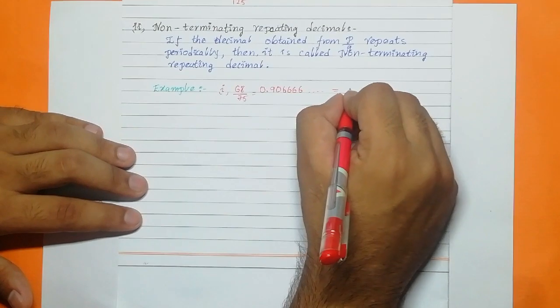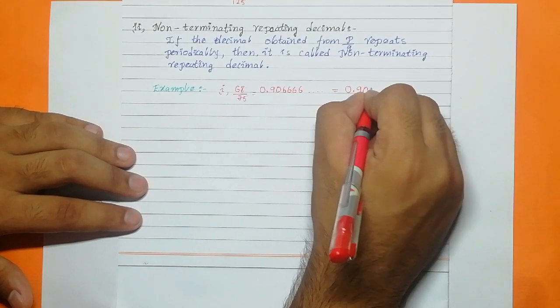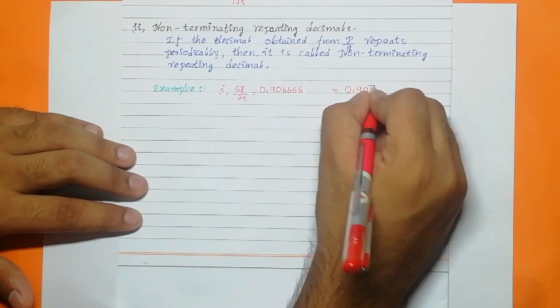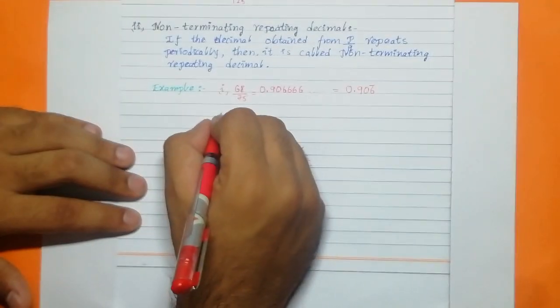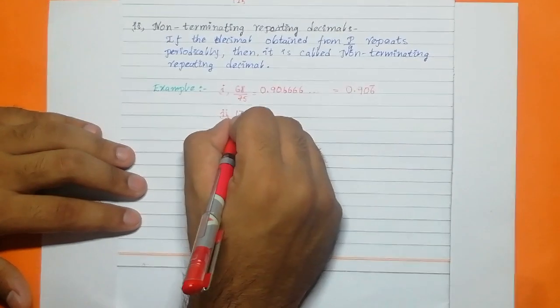That means 0.906, we have to keep a bar on 6. That means it is a repeating decimal.